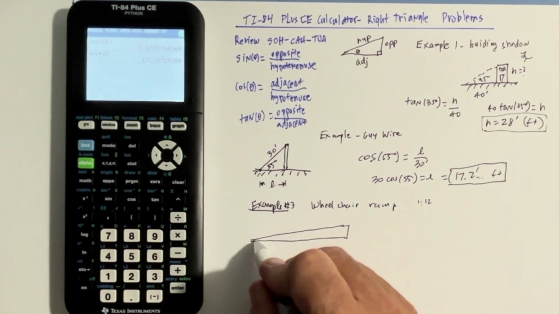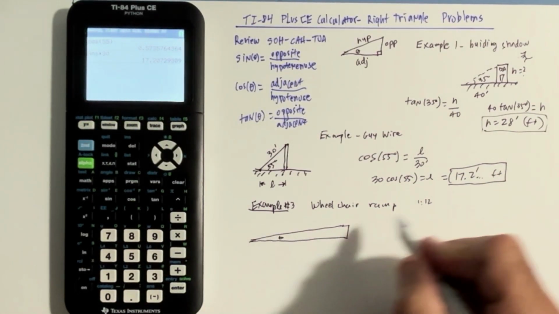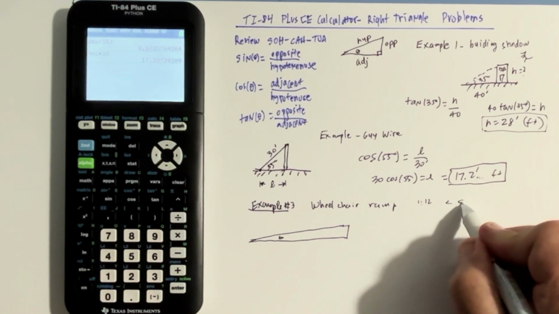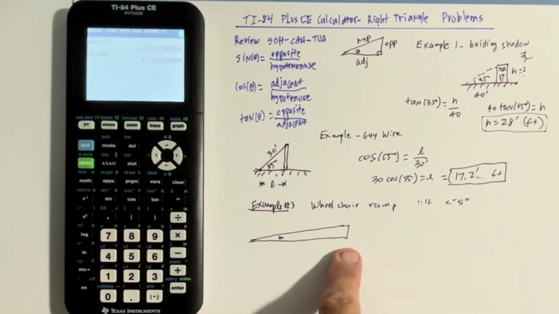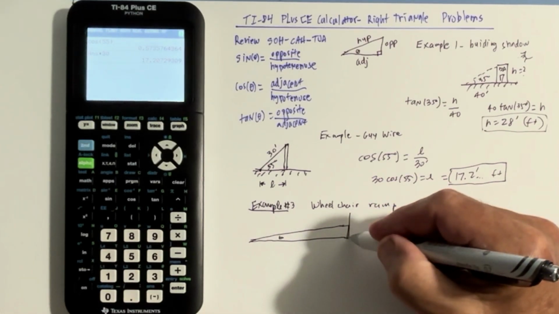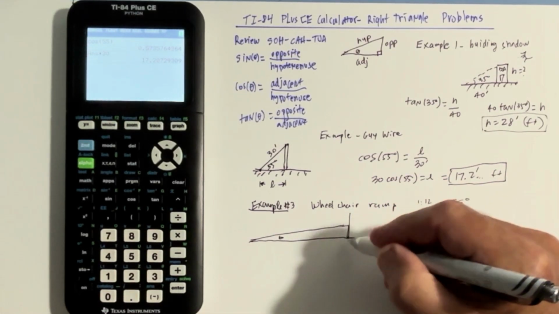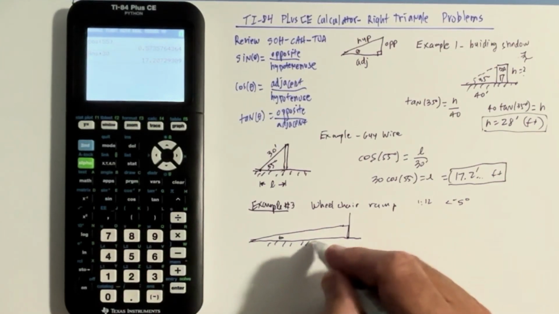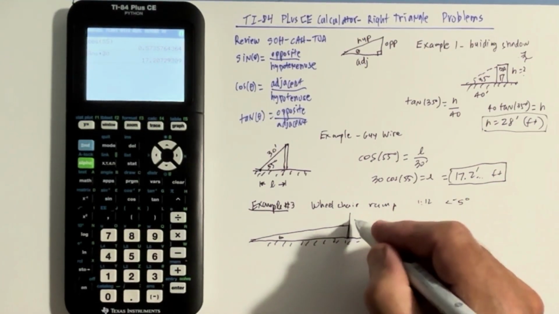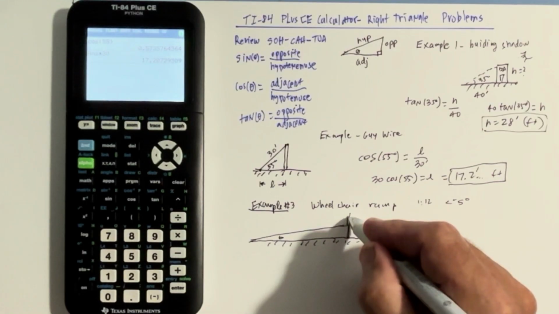So what we're trying to do is calculate this angle, because it's got to be less than around 5 degrees. For this wheelchair ramp, here's the building, and then here's the doorway going in.